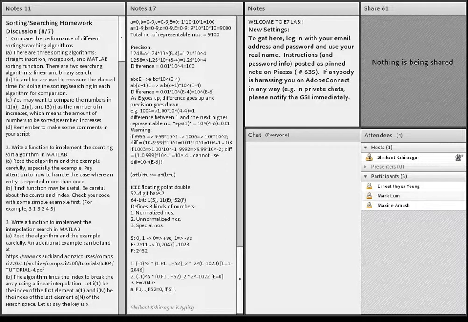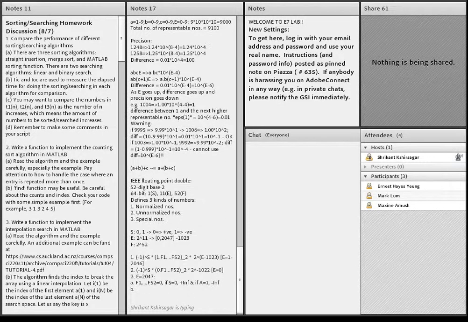If s equal to 0, then it's plus infinity, and if s equal to 1, it's minus infinity. Okay. The next case is when they are non-zero.